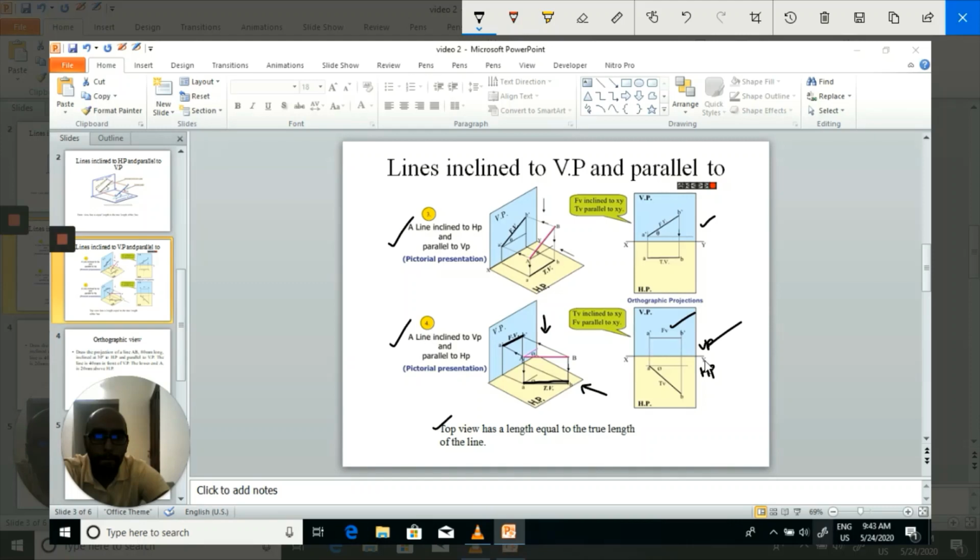Then looking from the top, you have the true length. So AB is the true length, that is your top view. Here theta is the angle of inclination.